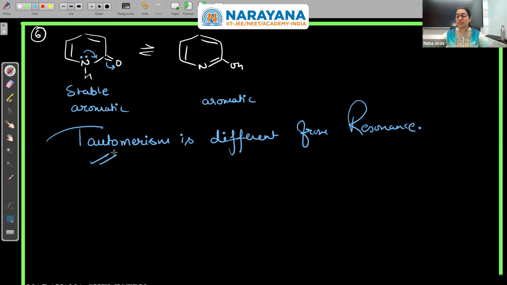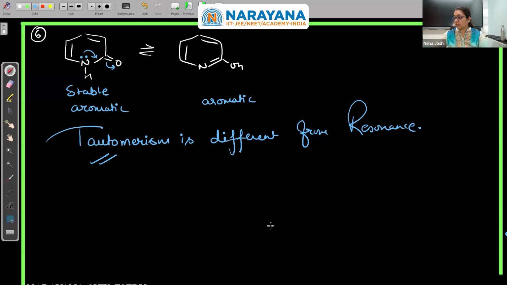They will be affected by physical conditions, right? If you change the physical conditions, equilibrium will shift from here to there. So it will definitely have a very strong impact. Is that absolutely clear? So tautomerism and resonance are different. Is that okay? No problem.